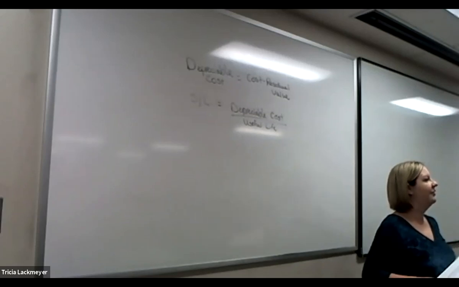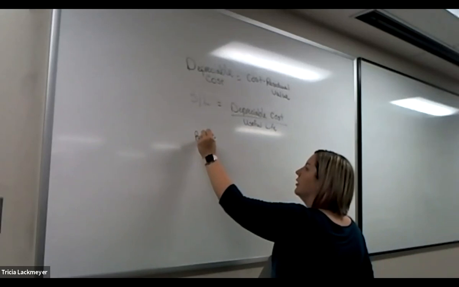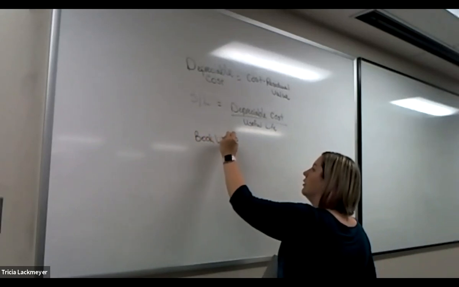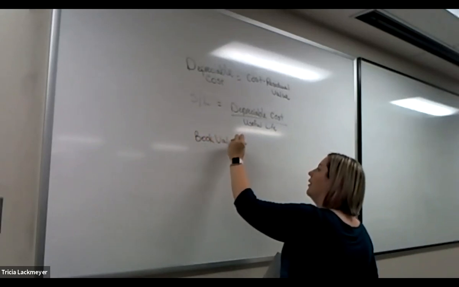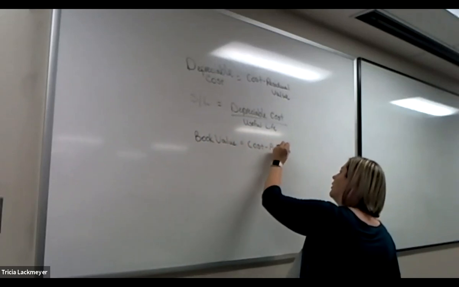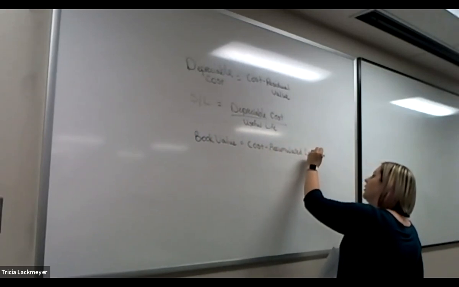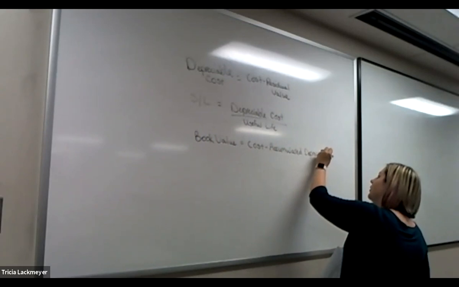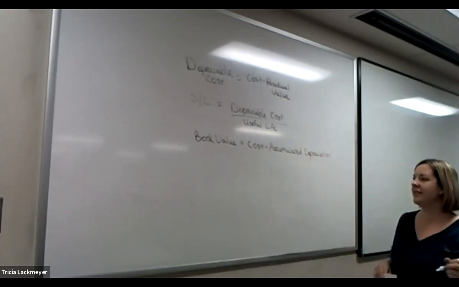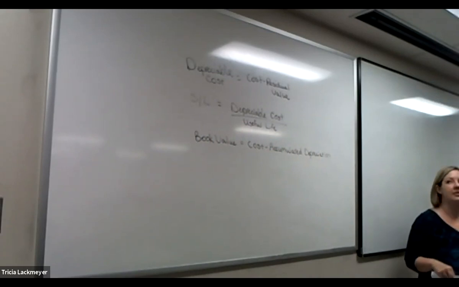The book value, good. So long-term assets, fixed assets are reported on the balance sheet at their book value, or cost minus accumulated depreciation.